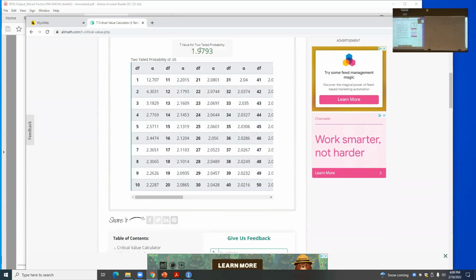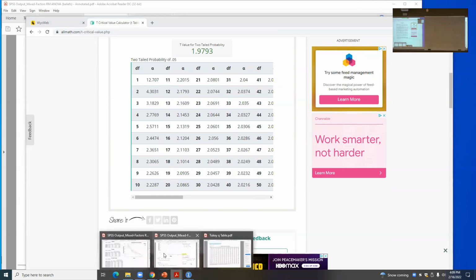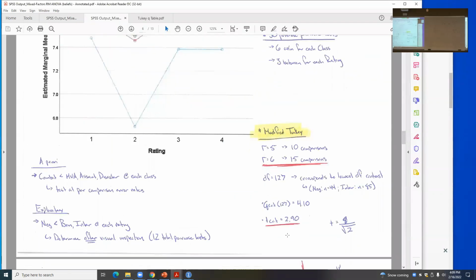Okay. So comparing, if I were to just run a t-test with 127 degrees of freedom, my critical value would be 1.97. But with Tukey, correcting for 12 comparisons, my t critical, when I change that Tukey q over to a t value, is 2.9.